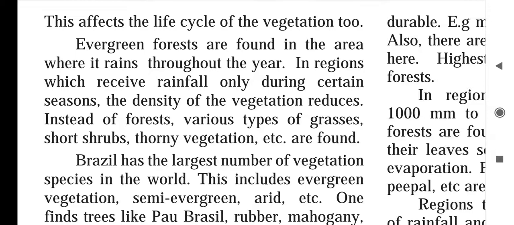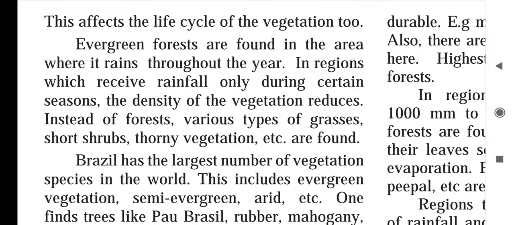In regions which receive rainfall only during certain seasons, the density of the vegetation reduces. So if there is only seasonal rainfall, in that area the density of the forest is reducing. Instead of forest, various types of grasses, short shrubs, thorny vegetation, etc.